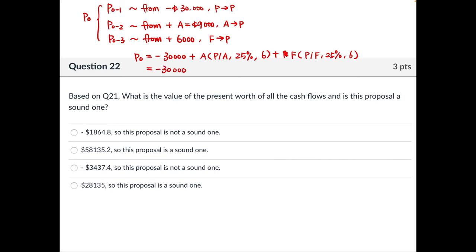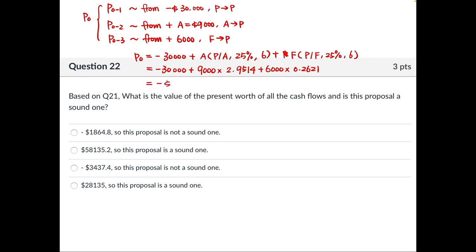So 30,000, still 30,000 negative. A is 9,000. The factor of P/A, 25%, 6 is 2.9514. And F, the future value, is 6,000, and then the factor is 0.2621.